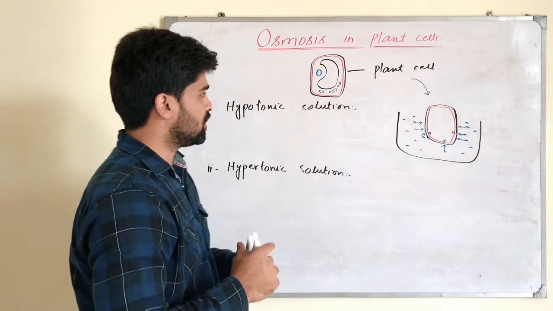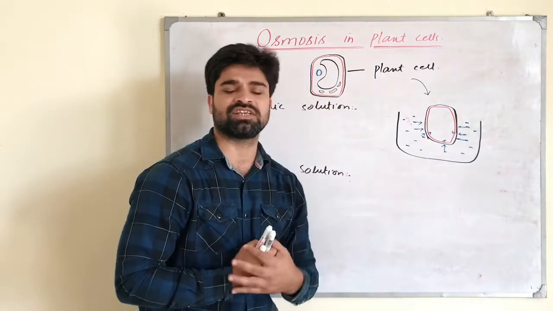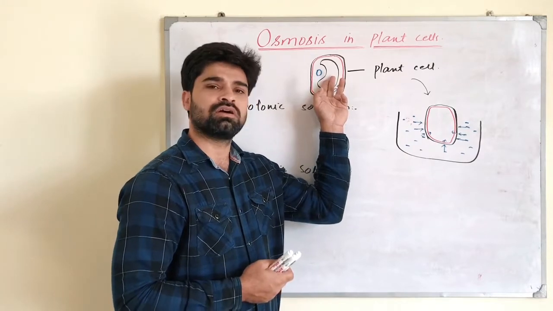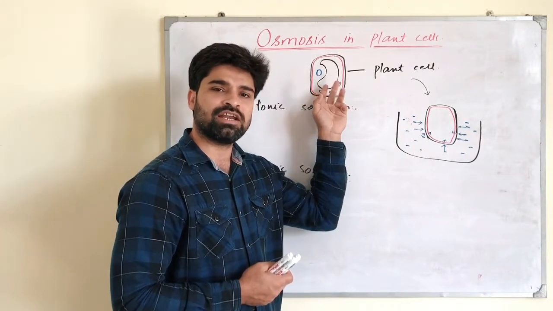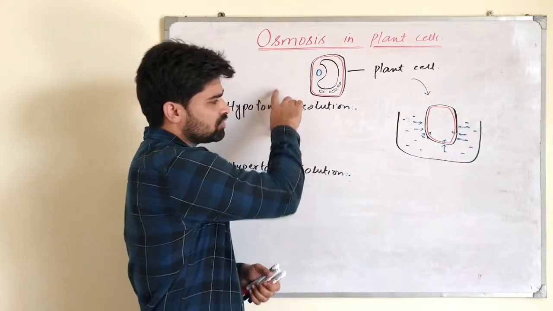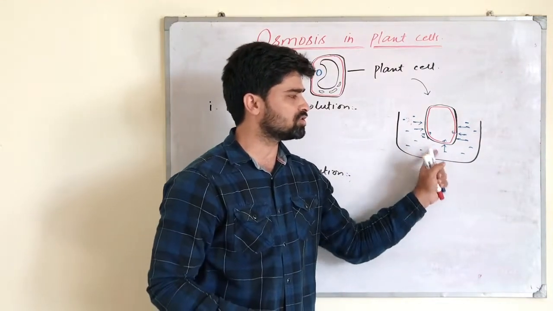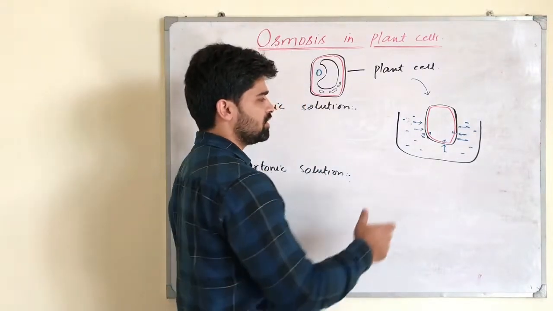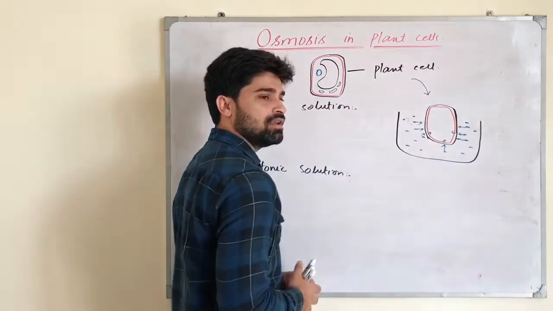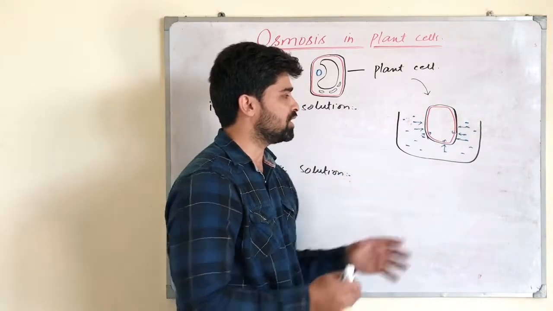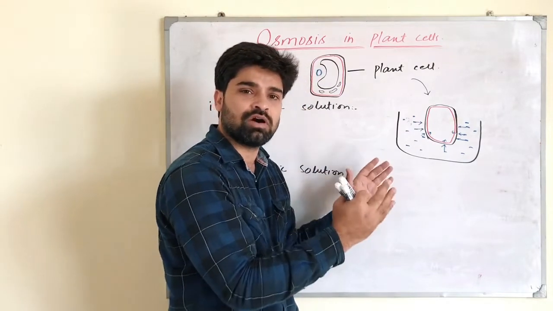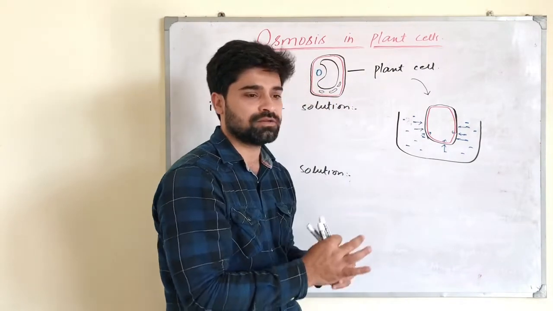In normal conditions, plant cells have a sugar solution in the vacuole and in the cytoplasm, but in the hypotonic solution the water molecules can move more freely, and from this beaker the water will move inside the cell, and the cell membrane will put pressure on the cell wall of the plant cell.